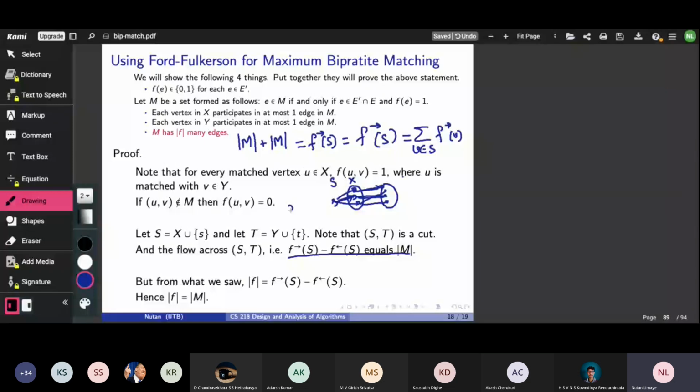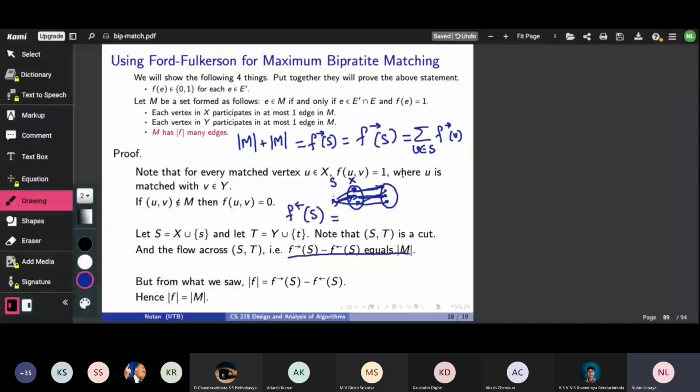Now, how about the flow entering capital S? That is the flow entering different vertices in X, in S. But there is no flow entering the source node.